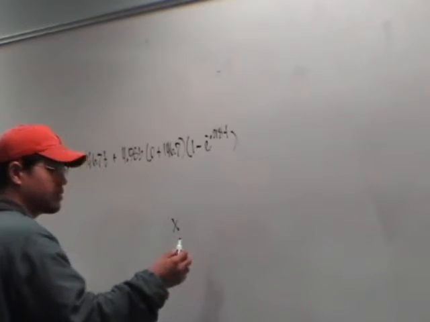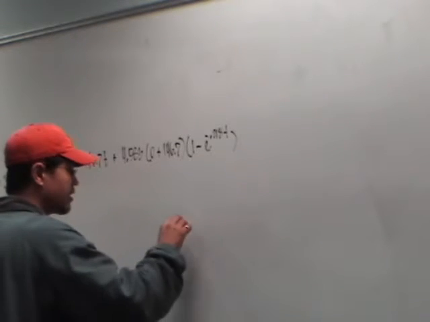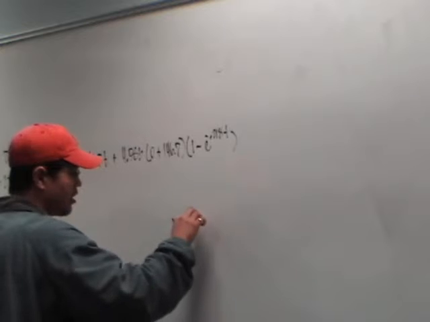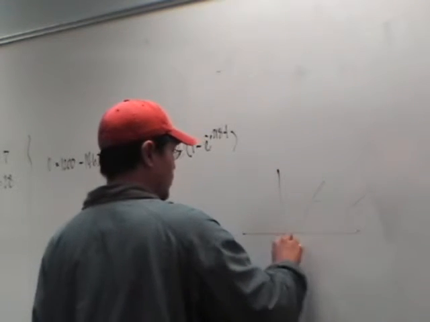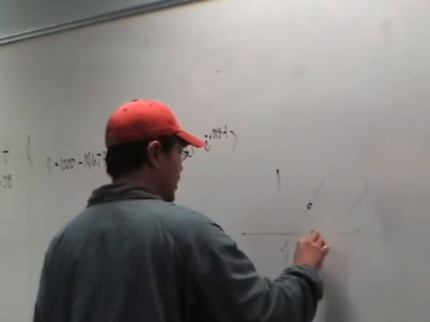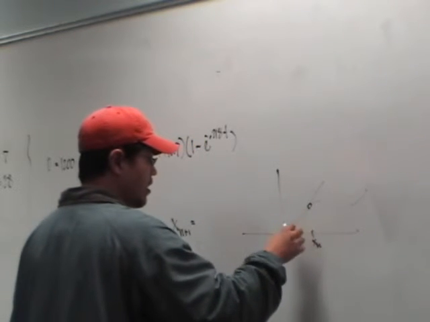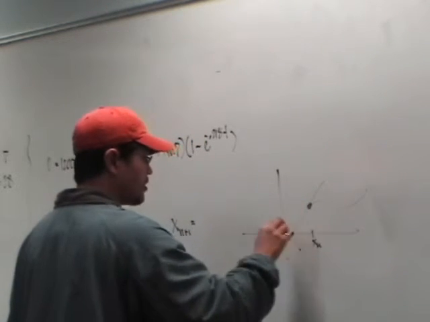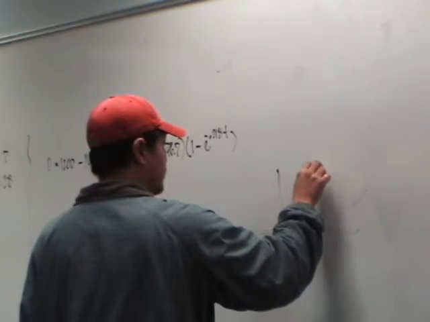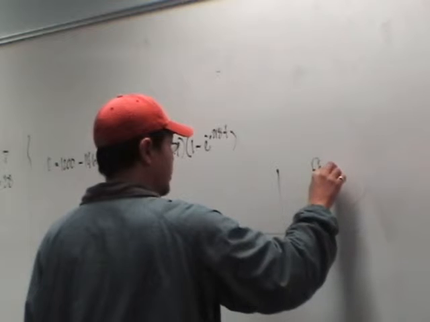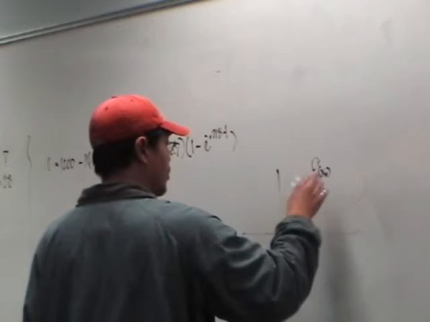So let's say your guess is x sub n, then x sub n plus 1. If you recall from Newton's method, if this is xn, then you have to solve for this value. This one is f prime of xn. That's the slope.